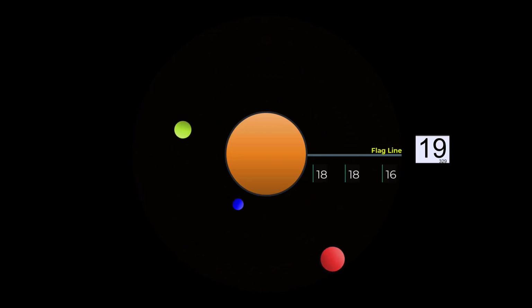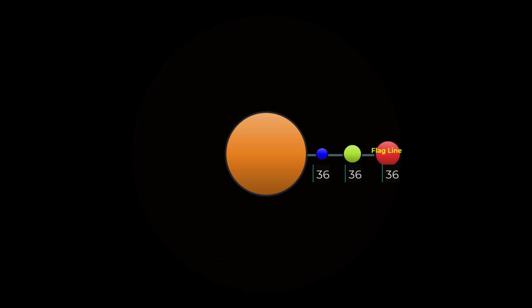You remember we had earlier calculated the LCM of 2, 3 and 4 as 12. This shows the objects meet on the flag line at the hours which are either the LCM of the periods of revolution of the objects or multiples of the LCM.